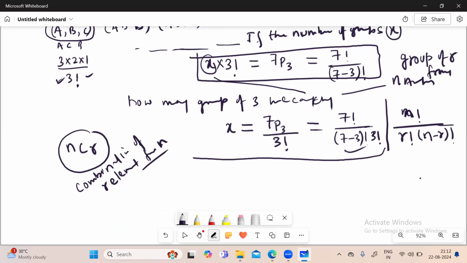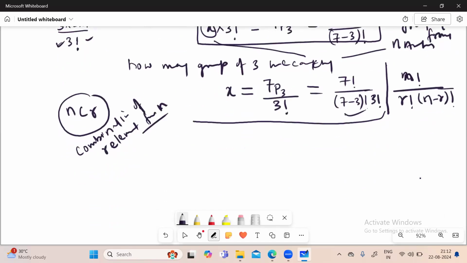So this is how we define the combination. So now you can just visualize which will have a bigger value, permutation or combination.